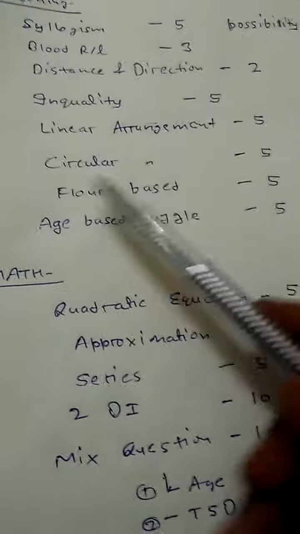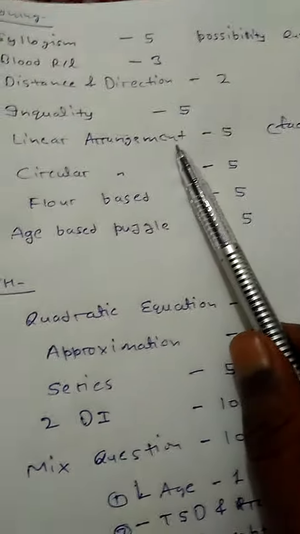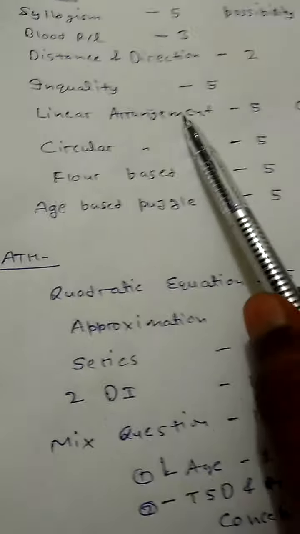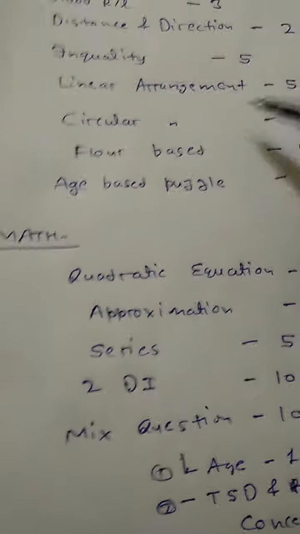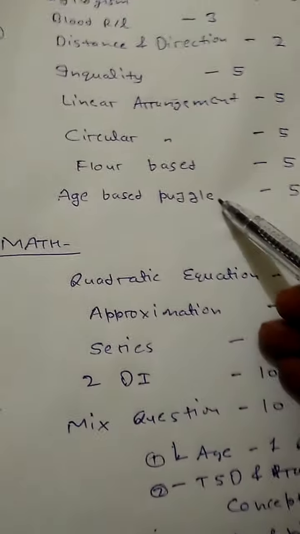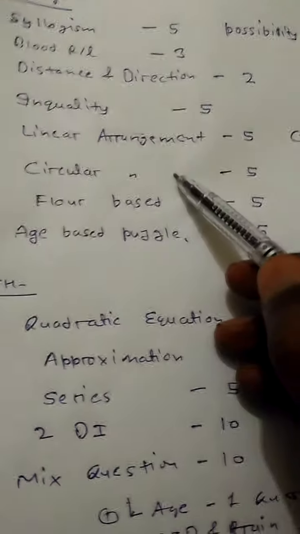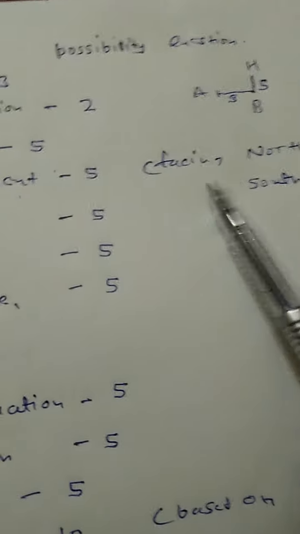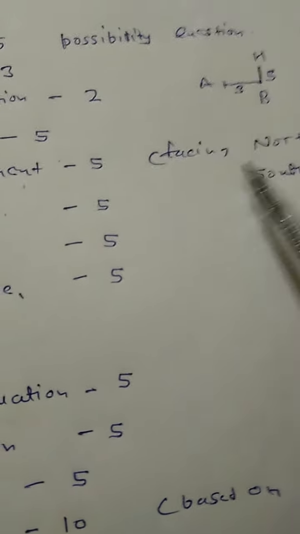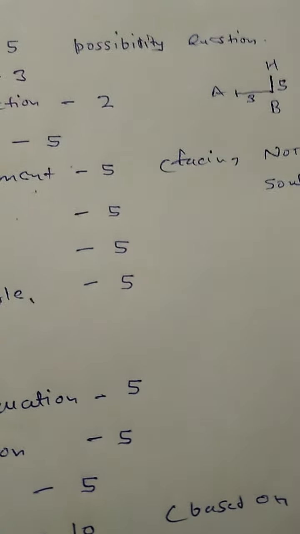Now let's come to linear arrangement. If you solve the puzzles, my advice is to do only 3 concepts: age based puzzle, circular puzzle, and linear arrangement. In linear arrangement, questions come like there are 7 persons, some facing north and some facing south.